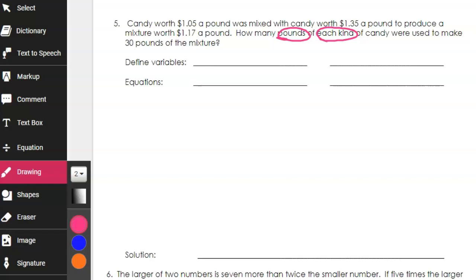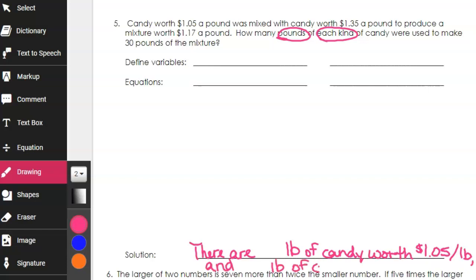So there are a certain number of pounds of candy worth $1.05 per pound and a certain number of pounds of candy worth $1.35 per pound. So that's my solution. I just don't know what my values are yet.